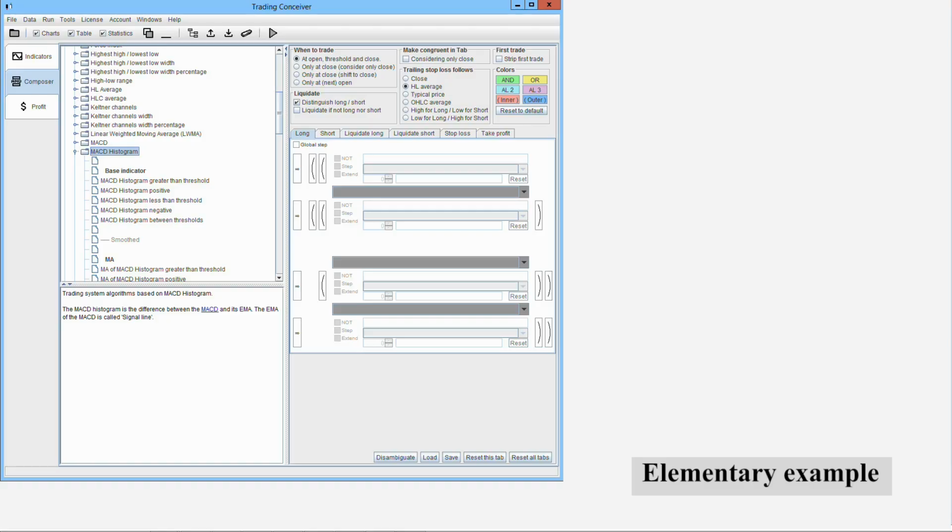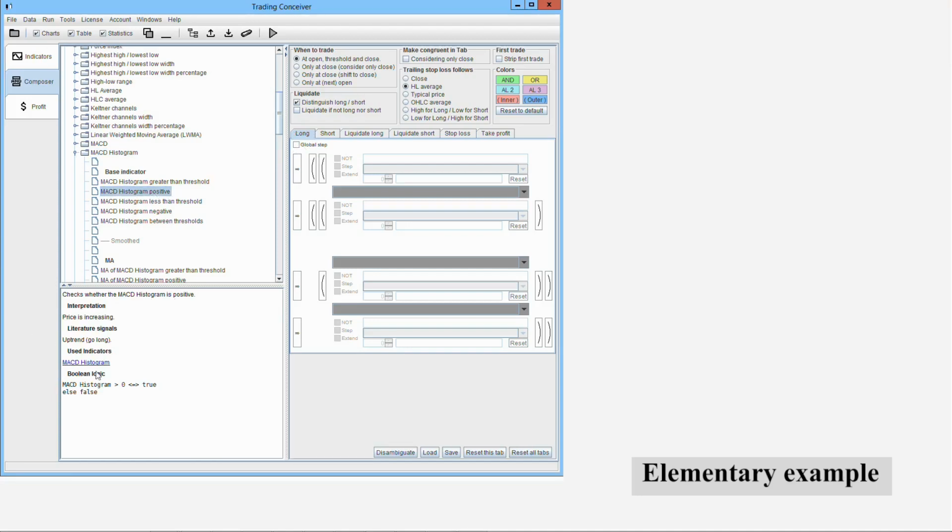Let's say you want to try out the signals you can find in literature regarding the MACD histogram. Go long when the MACD histogram is positive and go short when it is negative. So in the long tab, select the MACD histogram positive.